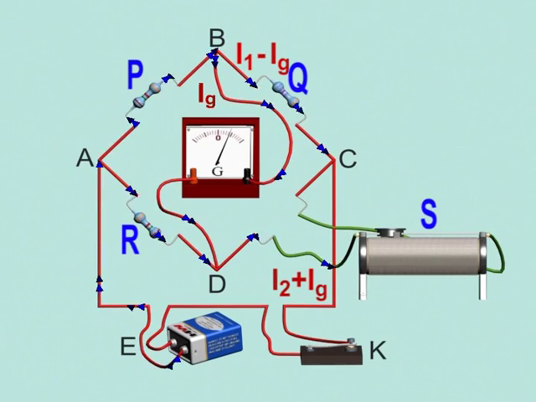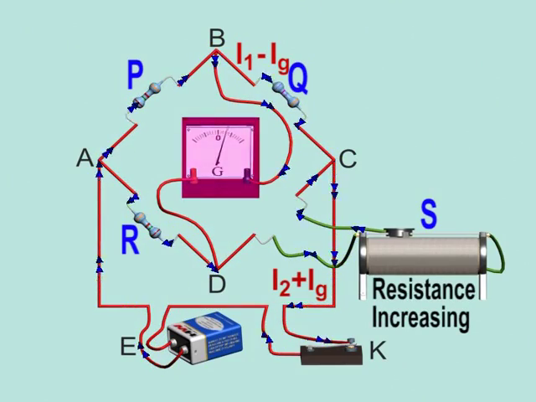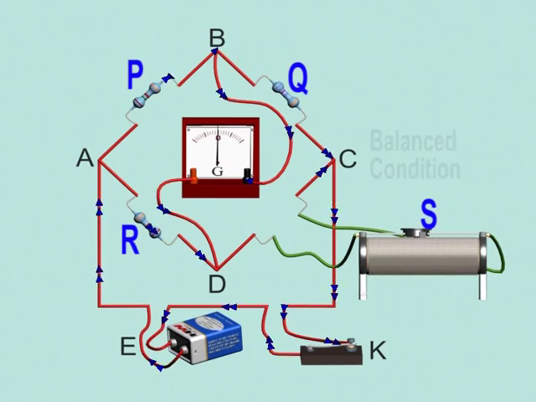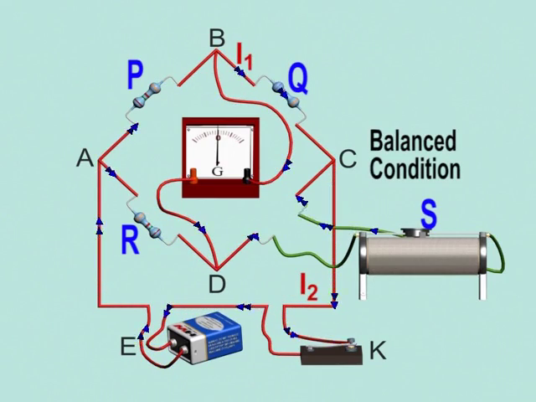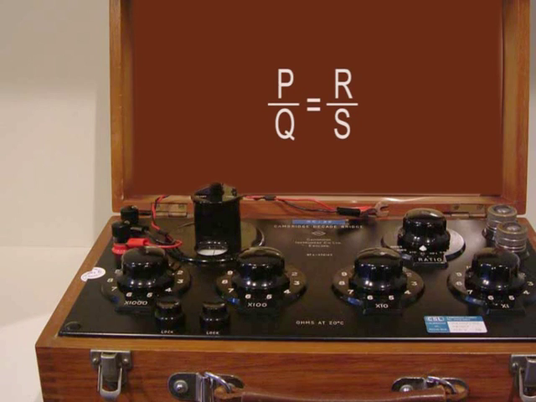The currents rejoin at the joint C and flow back to the negative terminal of the cell via the closed key. The resistances are adjusted so that the galvanometer shows no deflection. This is known as the balanced condition of the Wheatstone bridge. At this stage, the relation between the resistances of the four arms of the circuit is P upon Q equal to R upon S.